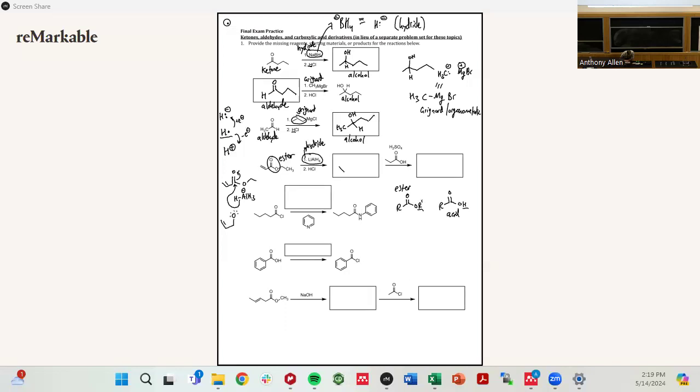O minus, H, O, that. This is a tetrahedral intermediate. That's an important thing for the exam, to know that tetrahedral intermediates have sort of an O minus structure right there.